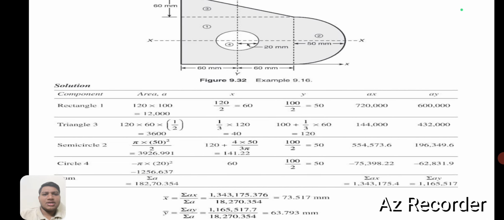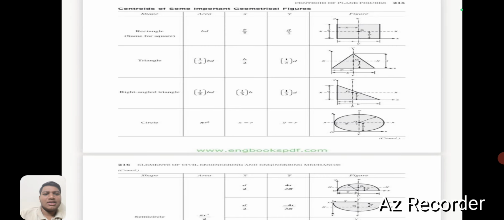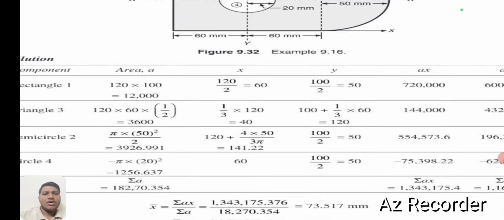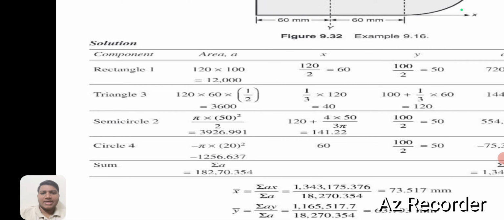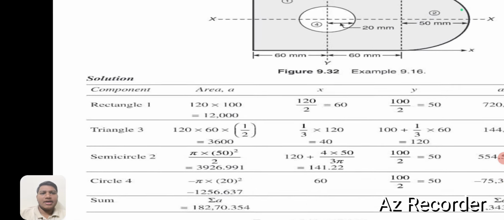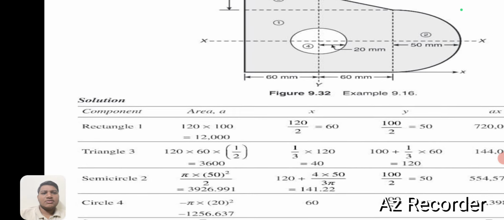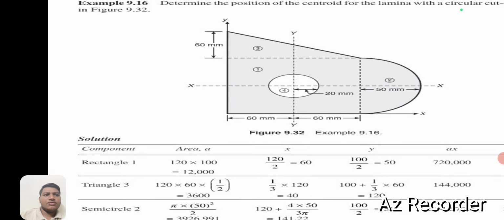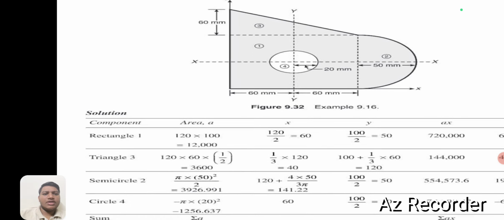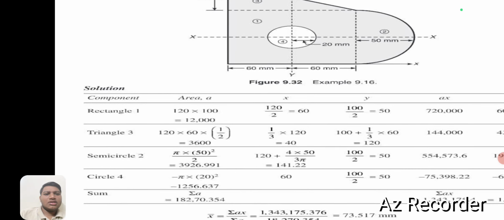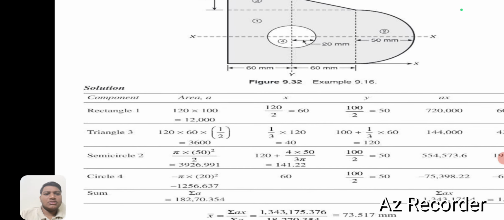Coming to the semicircle, the area of the semicircle is pi r square divided by 2. The radius of this semicircle is 50, so pi into 50 square divided by 2 is 3926.991.